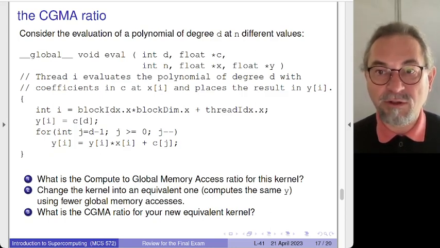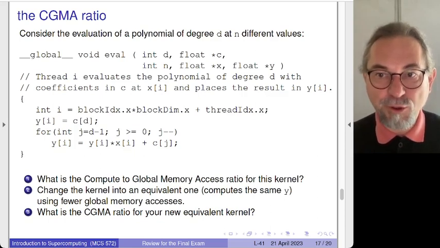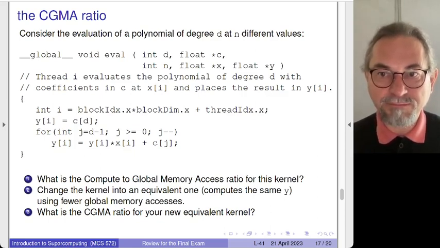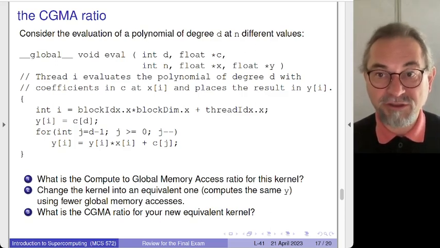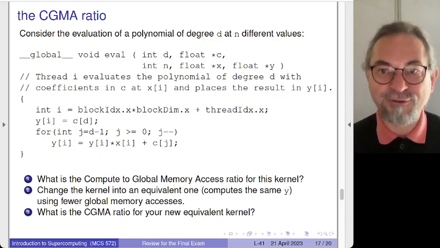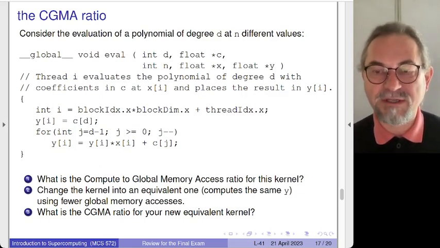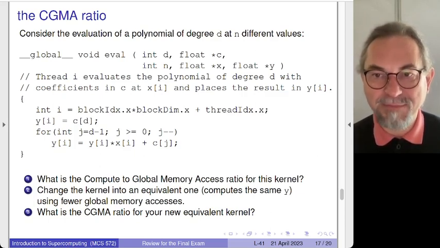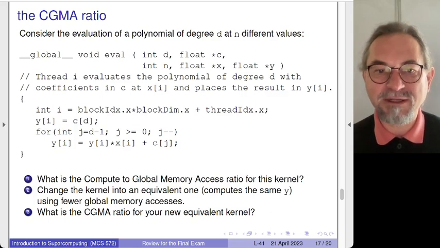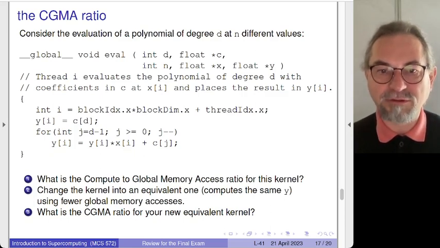So otherwise stated, you make from this problem a compute bound problem. If you look at this original kernel, it's 3/2, larger than 1, memory bound for sure, although current high performance graphics cards have memory bandwidth expressed in terabytes per second. But still, the compute bound is still multiples.